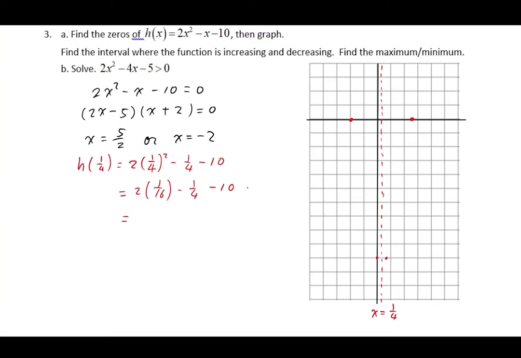So this is 2 over 16, which is 1 over 8, minus 1/4 minus 10. Let's figure these two out first. This is negative 1/8 and minus 10. So what we get is negative 10 and 1/8. How about that? Oh, that was pretty difficult. So we have positive 1/4 and negative 10 and 1/8.